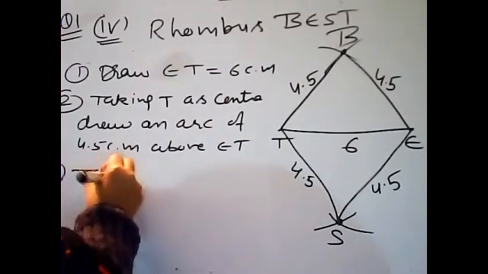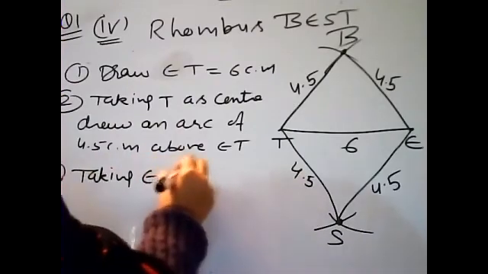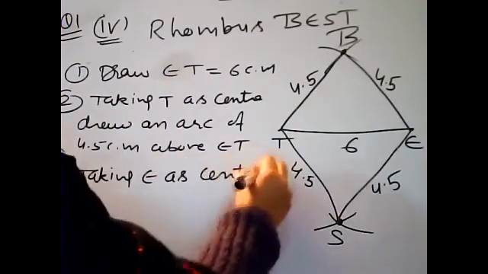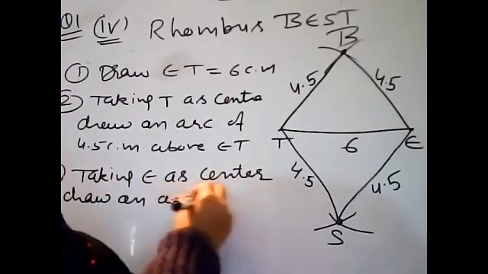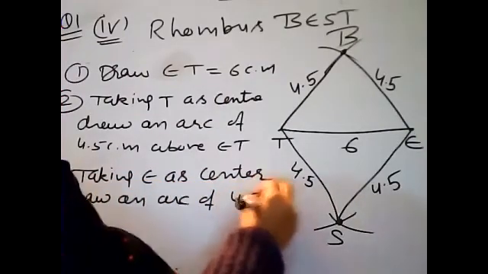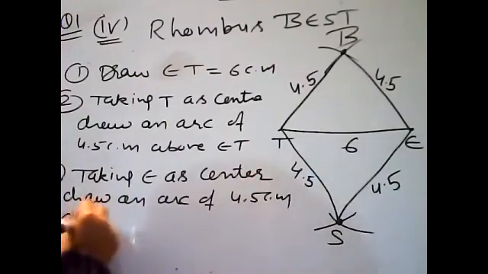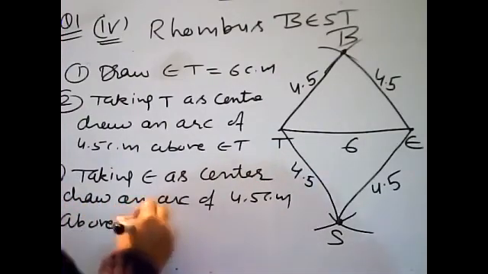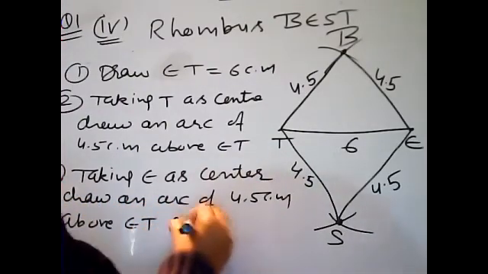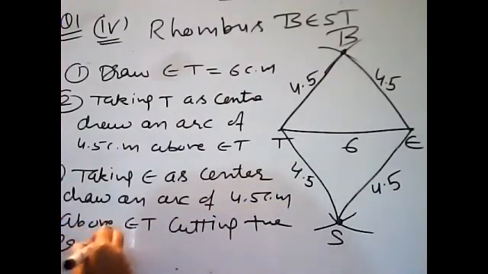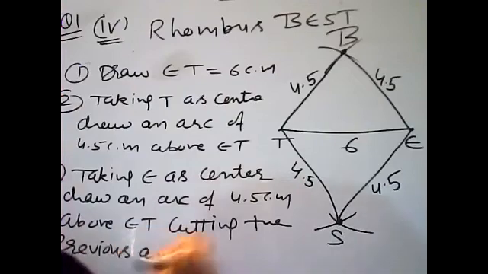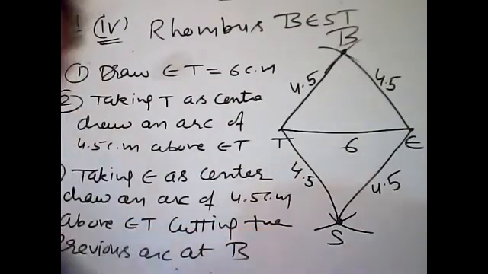Taking E as center, draw an arc of 4.5 centimeter above ET, cutting the previous arc at B.